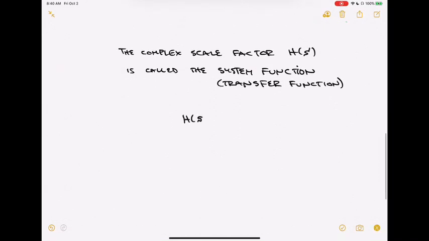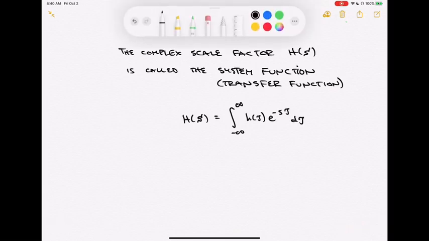H of s is equal to the integral from minus infinity to infinity of h of tau e to the minus s tau d tau. Now, because I'm integrating with respect to a variable of integration, which we call tau here, that variable of integration disappears. And really, there's no reason that we have to be calling it tau.